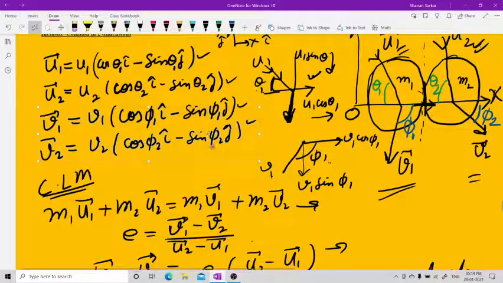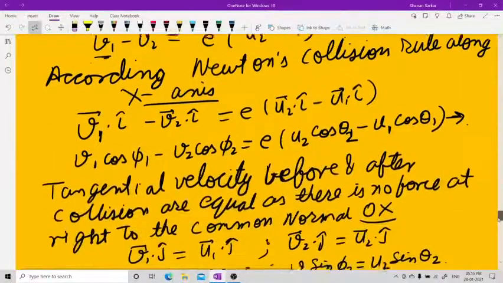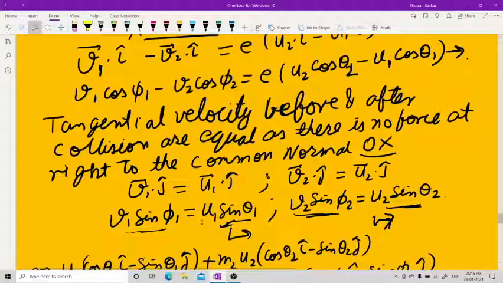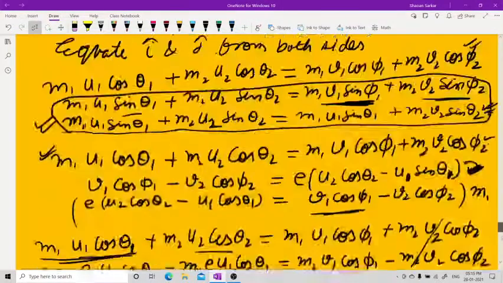Sin phi 1 and sin phi 2 I know because they are the same as this. Look, I just did this calculation: v1 sin phi 1 is u1 sin theta 1, and similarly for v2. So I need not find the sin theta 2 again. These calculations are already with me, so I need not do this calculation anymore.